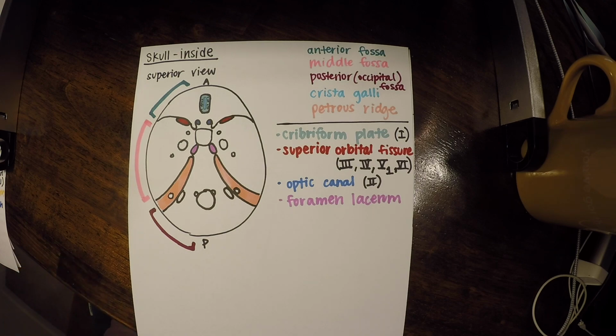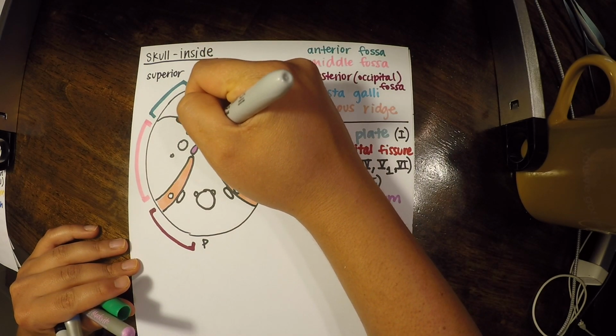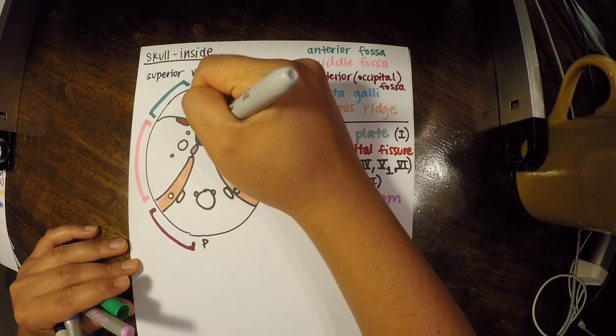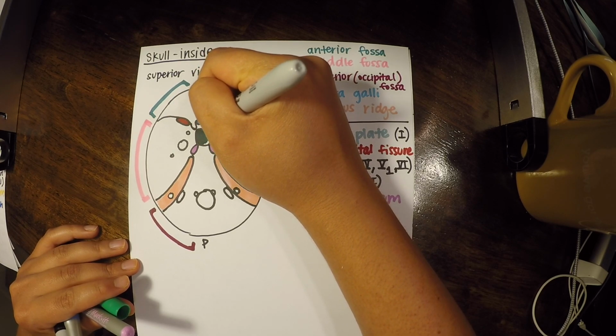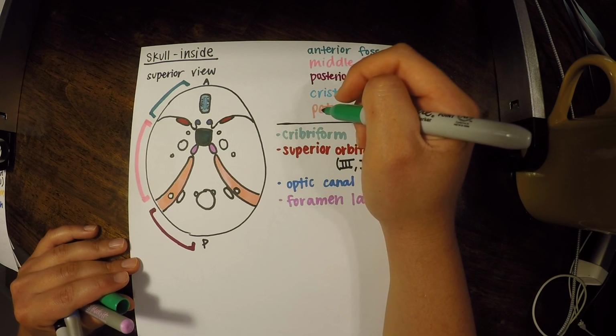Oops, and you know what? I just realized there's something right next to it that I forgot to label. So let me jump in here super fast and I'm going to label one extra thing. I'm going to use a dark green color and color this in. This structure is not a foramen, but it's something that we call our sella turcica.